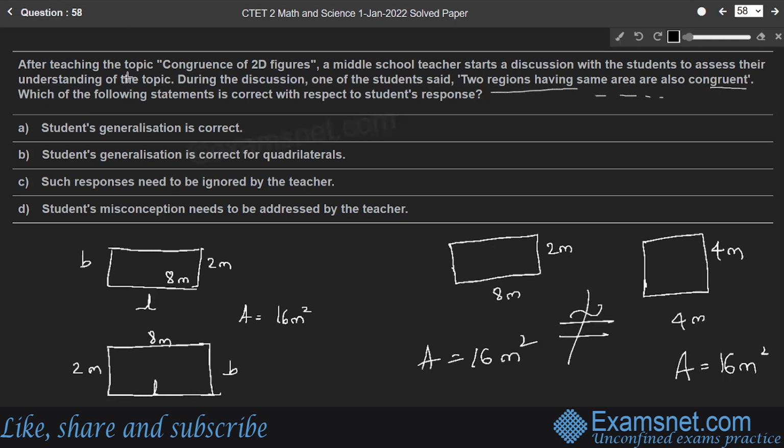Here, rectangle 1 is congruent to rectangle 2 in the first case, whereas in the second case, this rectangular area is not congruent to the square area. Hence, such misconception needs to be addressed by the teacher. Hence, option A is the right answer.